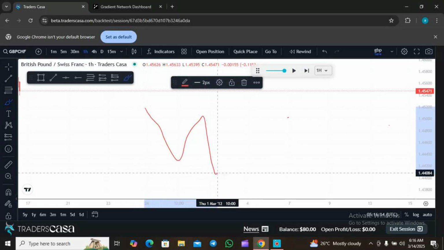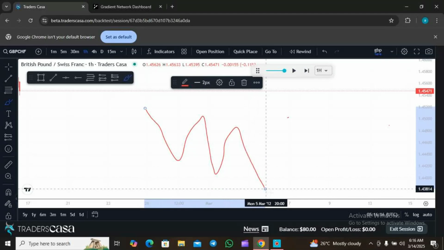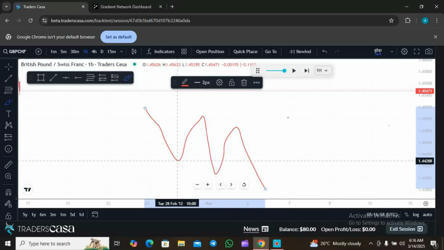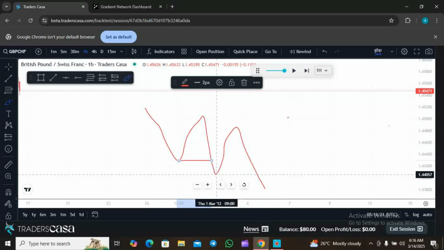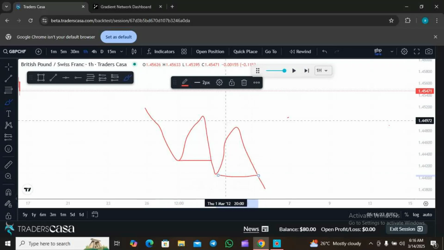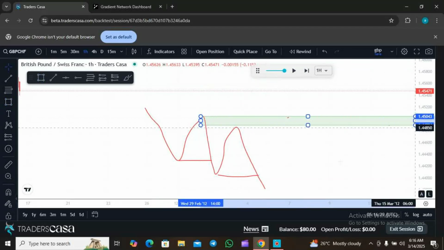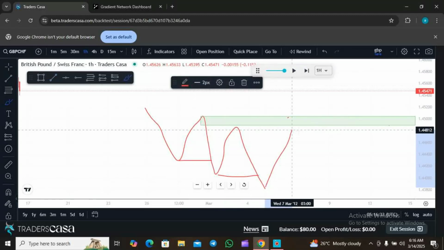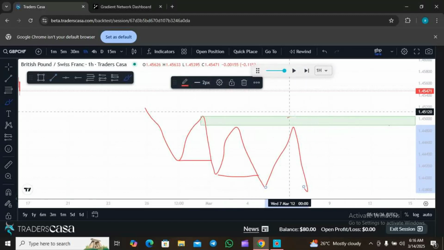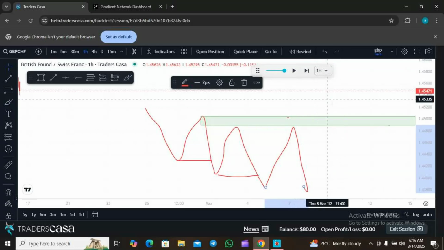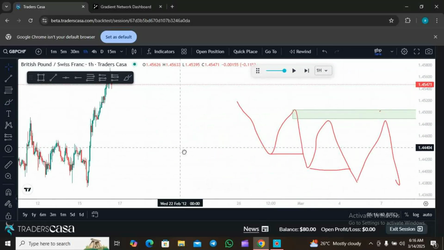So this is what I mean. It has to come in a very high probability trade setup only. You understand me?